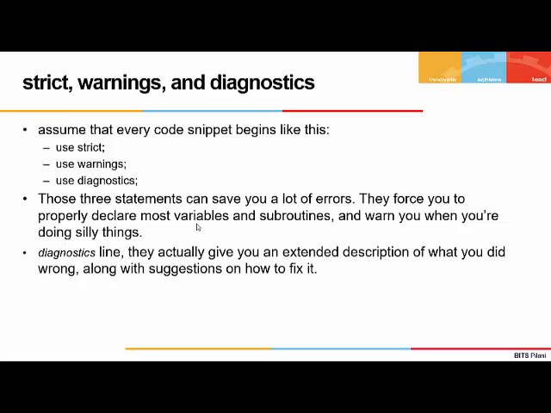It will force us to declare most of the variables and subroutines we need to use, and it will also warn us if we are making syntax errors or writing the language wrongly. For example, as we discussed in the previous session, if we use the question mark rather than using eq, it will let us know what the error actually is.